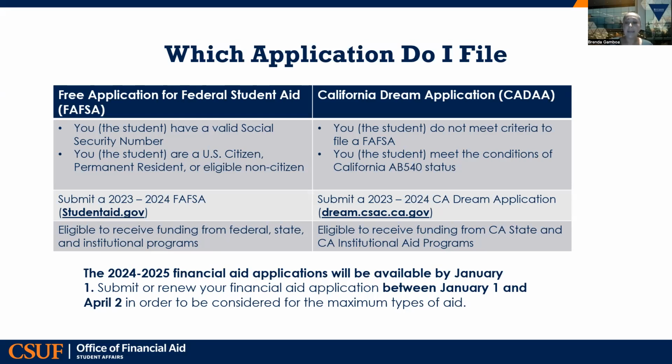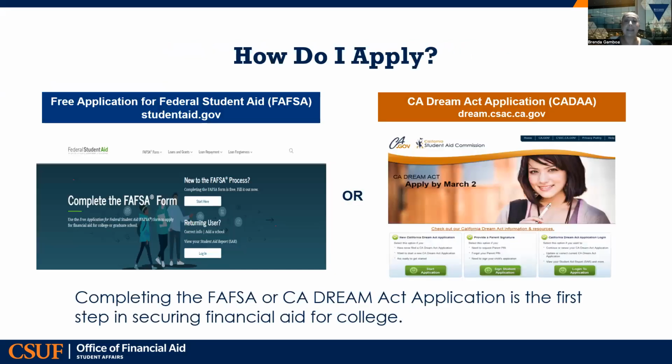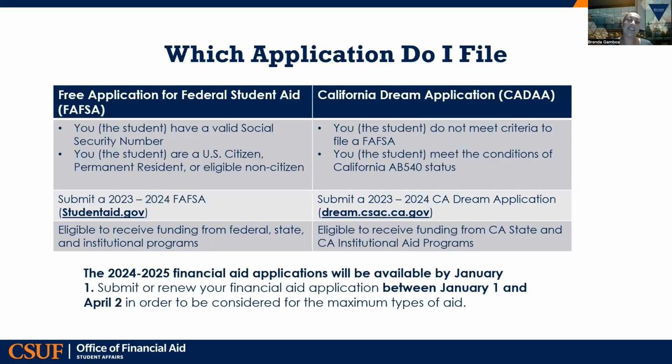So another big thing that I want to address is, you may have seen in the previous slide that the deadline was March 2nd, but because of these changes, they've actually extended that date to April 2nd. So again, that's only going to be applicable for the 24-25 FAFSA and CADA application.